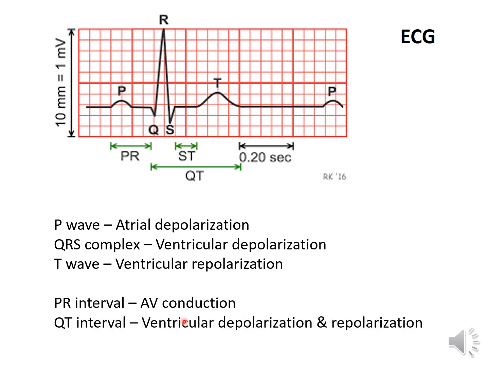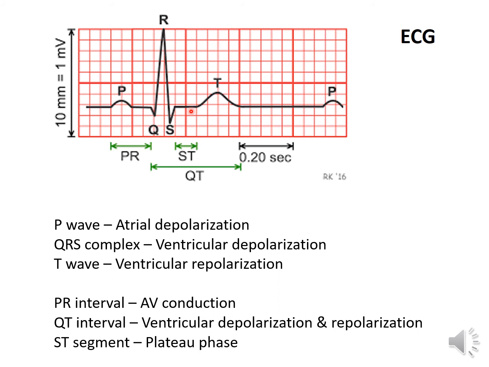Then the QT interval is from the Q wave to the end of the T wave, and it tells us about both ventricular depolarization and repolarization. So whenever there is prolongation of action potential duration, or prolongation of repolarization, phase 3, that will result in prolongation of the QT interval. The ST segment tells us about the plateau phase.